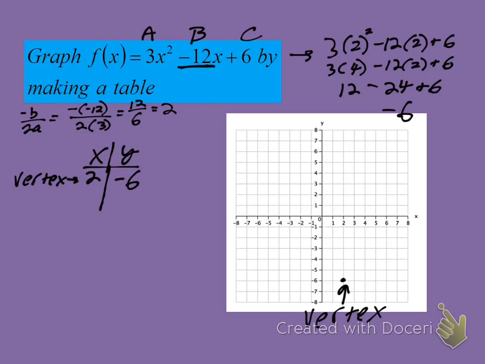So here's what you do next. Your vertex x is 2. Now we're going to graph it by making the table.